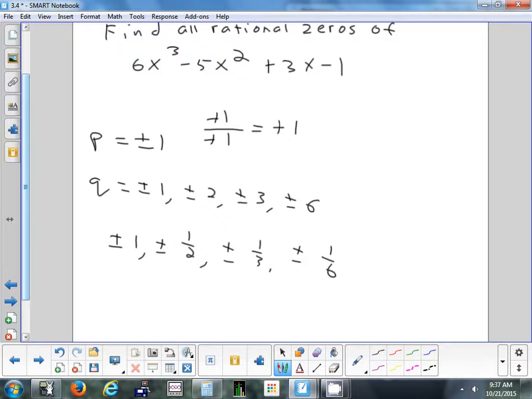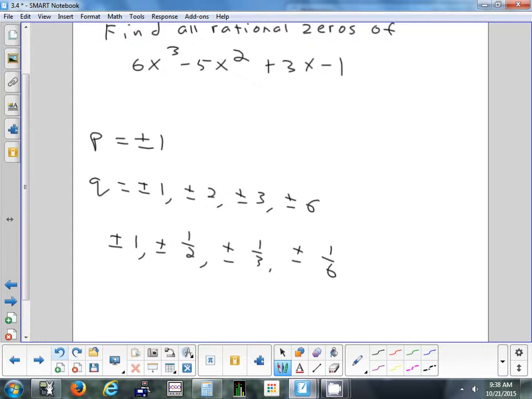If you took positive 1 and divided by negative 1, that would just be negative 1. There's no other pairings that give anything different. Whether you put negative 1 on top and positive 1 on the bottom, it's still negative 1, so it's not a new option. All right, so we got our list.